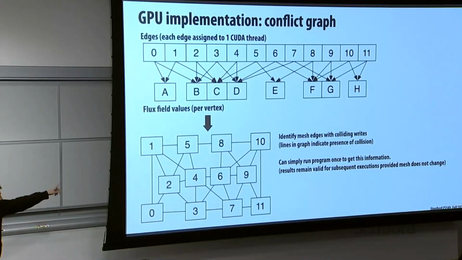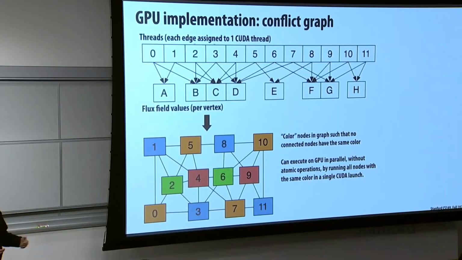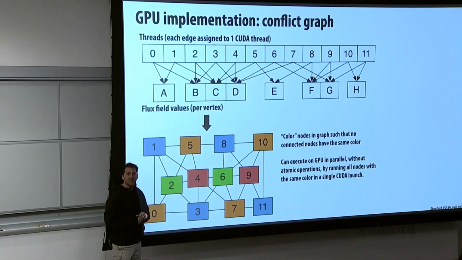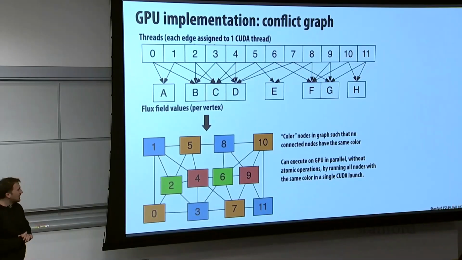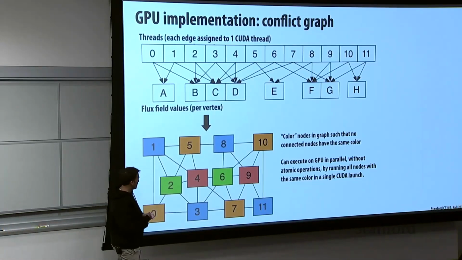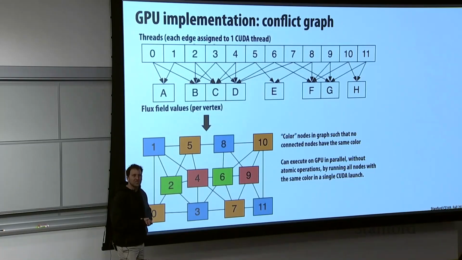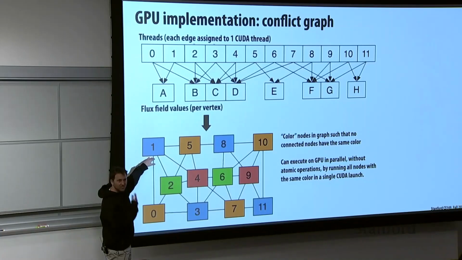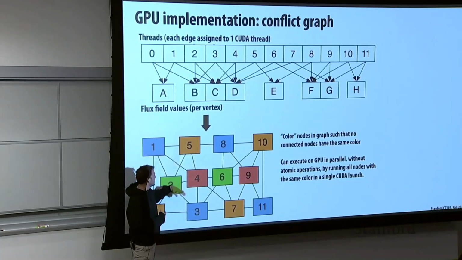Then they take this graph down here and run a graph coloring. Graph coloring is an algorithm where no two adjacent nodes get the same color. Then that for loop over edges is broken into, if we have 4 colors, 4 parallel for loops: for all edges colored blue, completely in parallel with no locks or no atomics, then for all edges colored orange, no locks or no atomics, and so on.